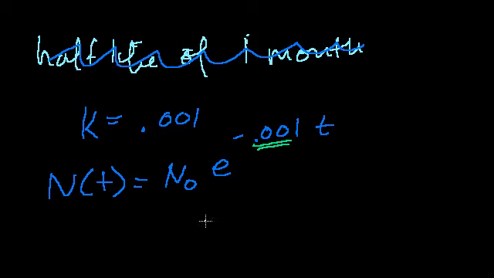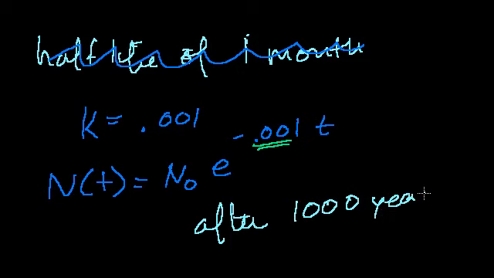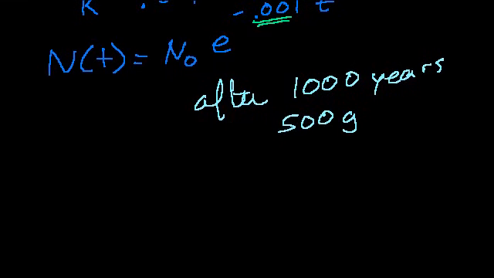And let's say that after, I don't know, 1,000 years, I have 500 grams of whatever element is described by this decay formula. How much did I start off with? Essentially I need to figure out n sub 0.